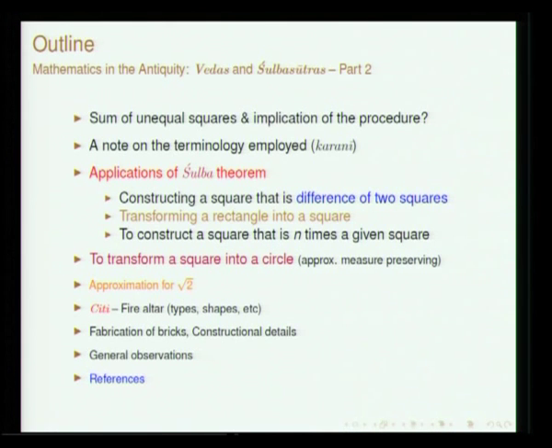We also saw the kind of rationale that can be seen behind the triplets that are given in the Bodhayana Shulva Sutra, Apastamba Shulva Sutra and so on. In today's talk, we will start with the transformation of geometrical objects. For instance, suppose there are two squares.